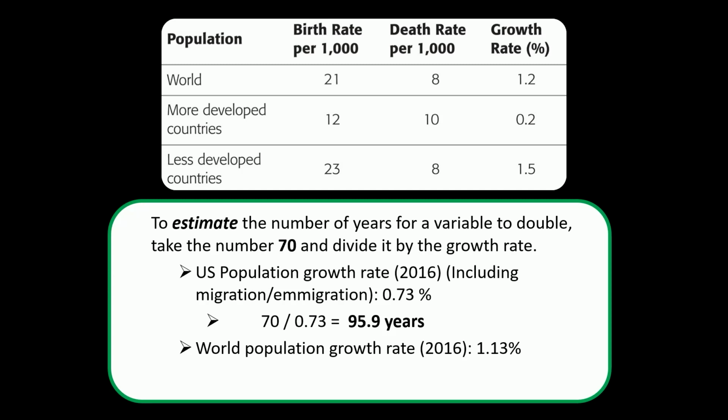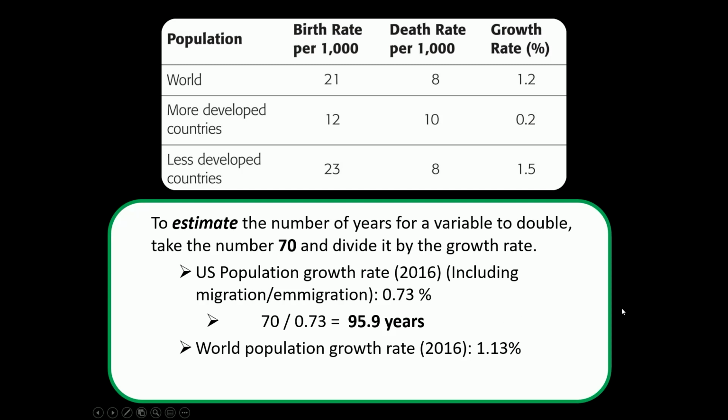And honestly, given how much space we have in the United States and our abundance of resources, that's a pretty manageable pace. The world population growth rate is currently rounded to about 1.2%, but I have this number from 2016, which was a little bit more updated, and it has 1.13%.